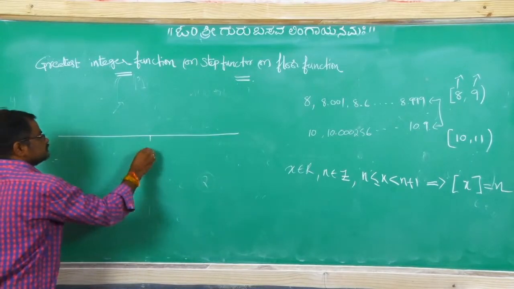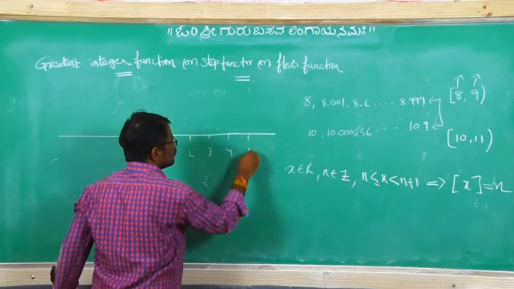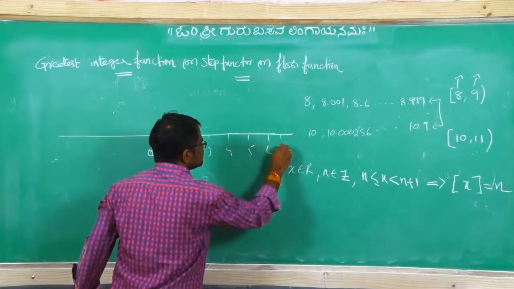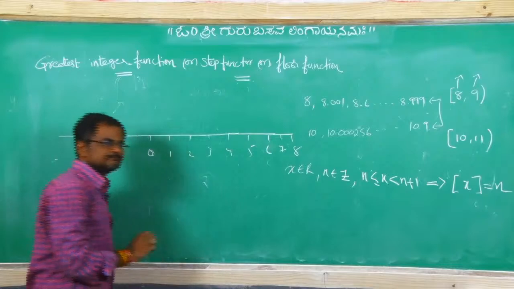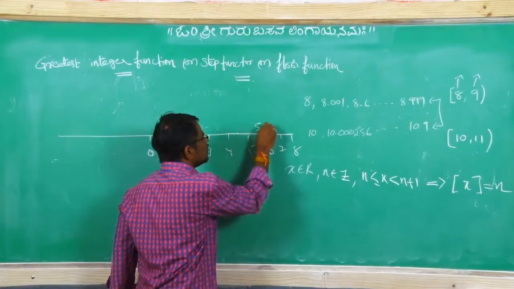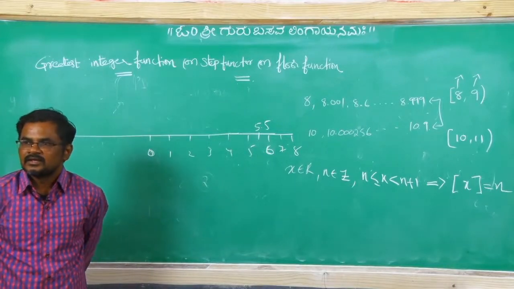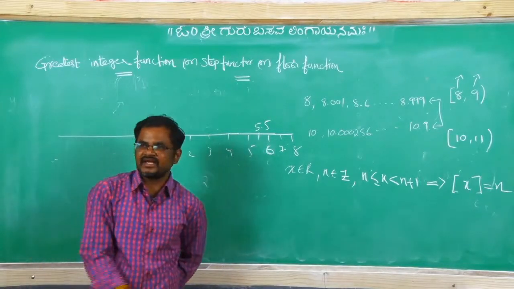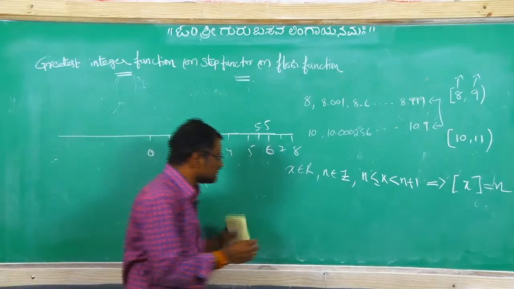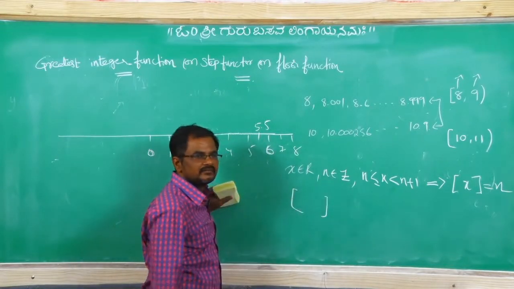0, here 1, 2, 3, 4, 5, 6, 7 and 8. One real number I am taking, 5.5, between 5 and 6, right? For that 5.5, what is the greatest integer? The greatest integer function is always denoted by this symbol.